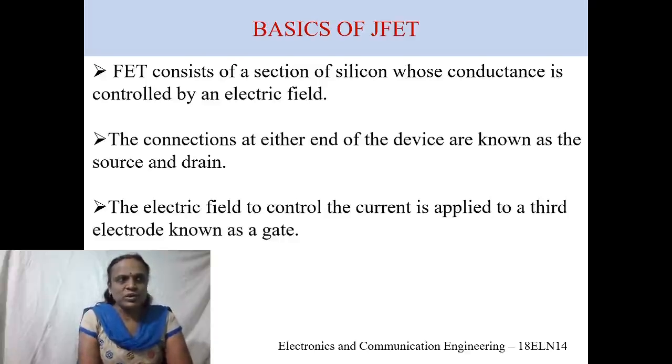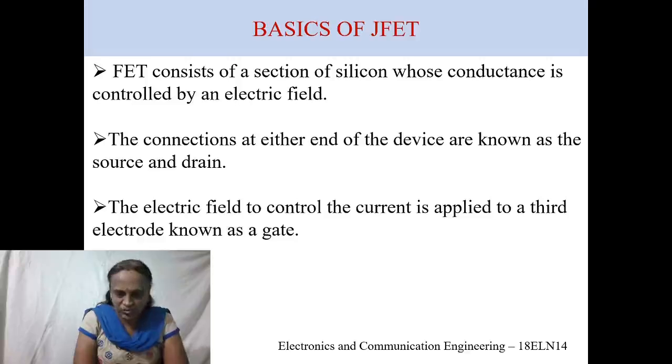Now, this JFET basically consists of a section of silicon whose conductance is controlled by an electric field. The section of silicon through which the current flows is called a channel.